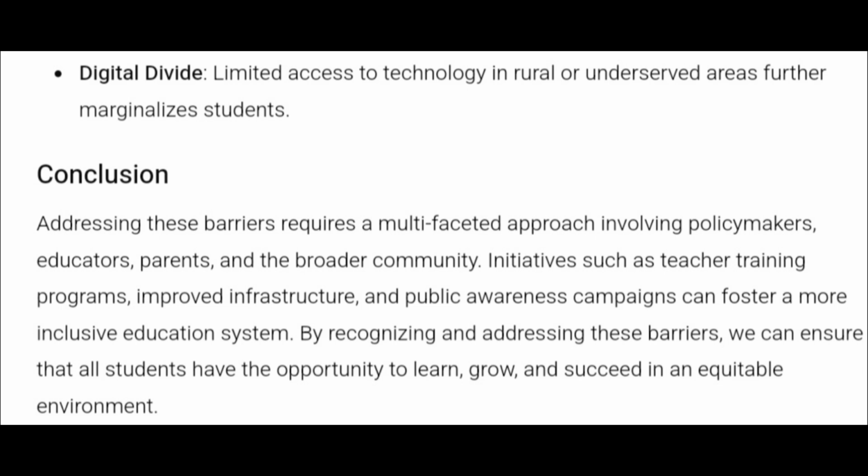All right, by recognizing and addressing these barriers, we can ensure that all students have the opportunity to learn, grow, and succeed in an equitable manner.